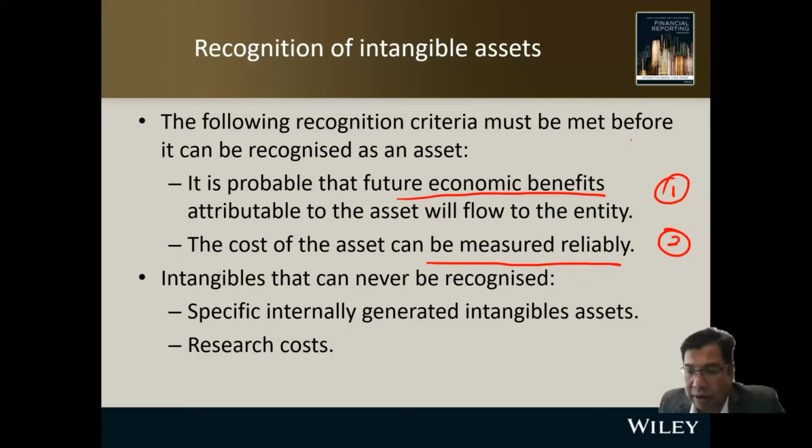So we have development costs. Yes, we can capitalize or recognize development costs as intangible assets, if they fulfill all the 6 criteria under para 57, but research cost is a big no-no. You will not be allowed to capitalize or recognize research cost as your asset. So this is the rule.